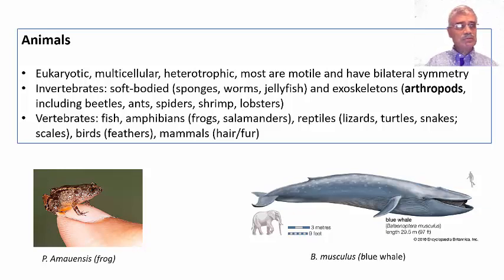Now, mammals also nurse their young, so that's the origin of the word mammals, from mammary glands. I show you some photos of one of the smallest animals, a frog, and then, of course, one of the largest animals, the blue whale, showing that the blue whale is quite a bit larger than either a human or an elephant.